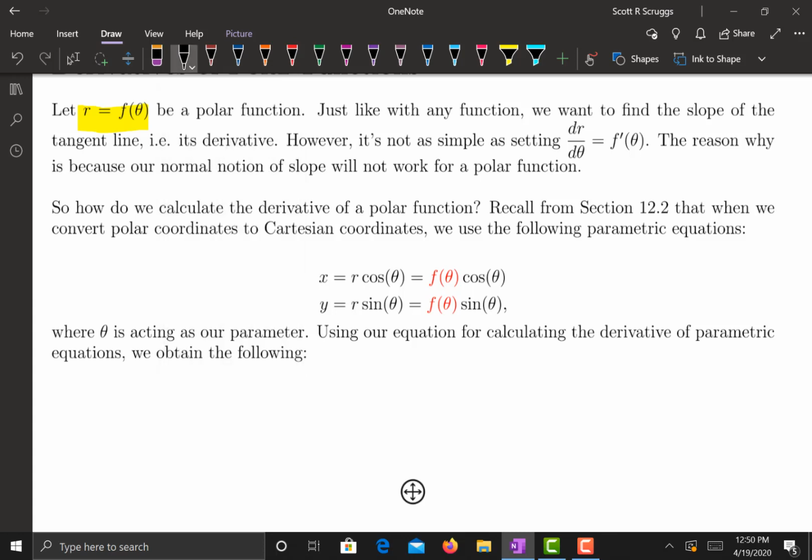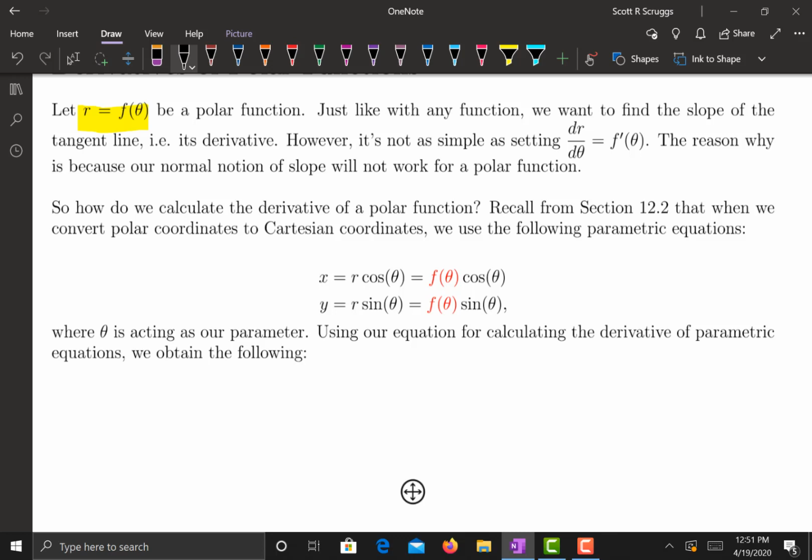So recall from section 12.2 that when we convert from polar coordinates to Cartesian, we define the parametric equations x and y, where x is r times cosine of theta, and y equals r times sine of theta. Well, because I'm assuming that I have a polar function, I can substitute r as my function f of theta.